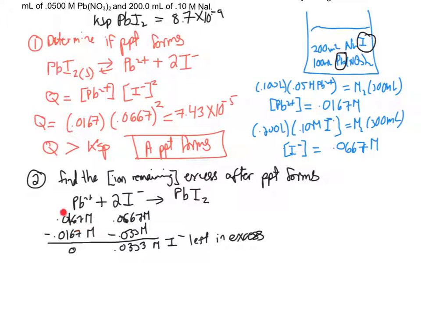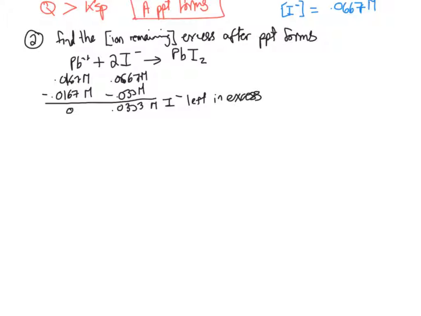Turns out my lead ions are my limiting reactant, so I use all of these up. I use some of the I−, and I have some I− left over. So then my third step would be to actually answer my question, which asked for the equilibrium concentration. So that's going to be my third step here.